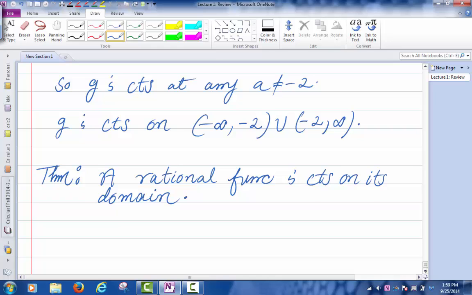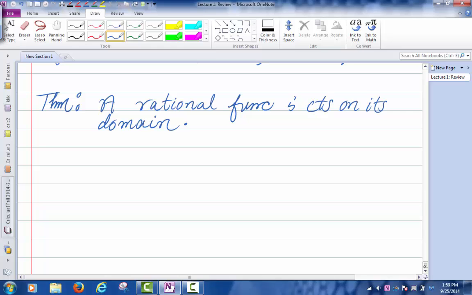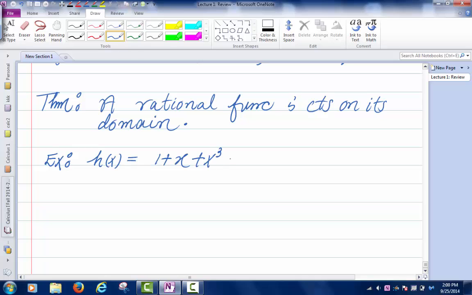Okay, so now we know how to find the intervals where a rational function is continuous. So here's an example. Let's say I have the function h, which is given by 1 plus x plus x cubed minus 3 divided by x minus 2.